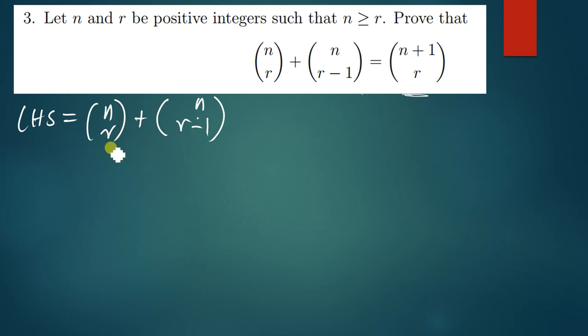So this n choose r is a very simple expression that we all know can be written as n factorial over r factorial, open brackets, n minus r factorial.